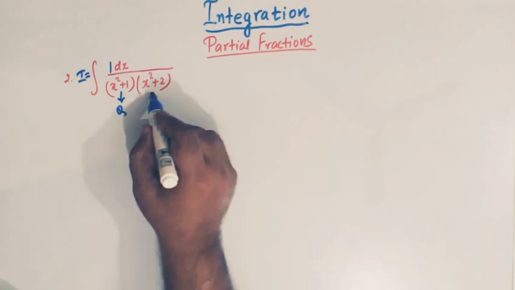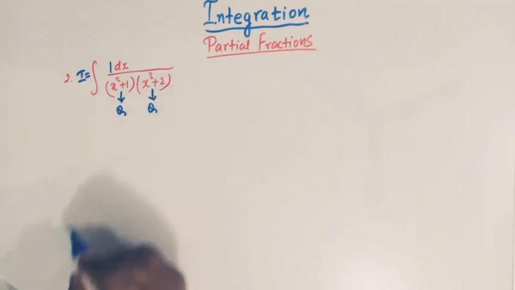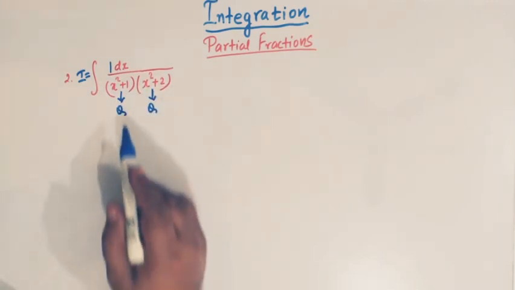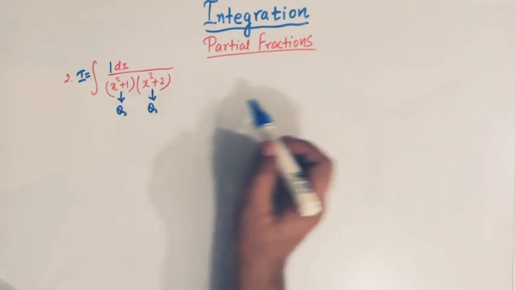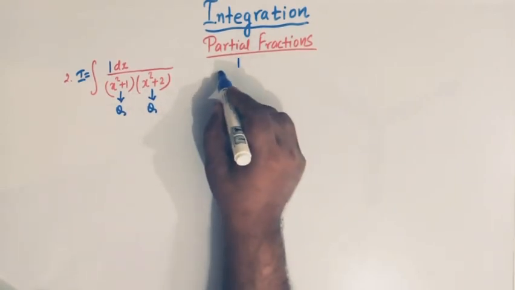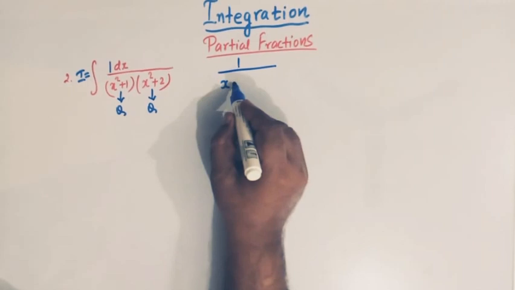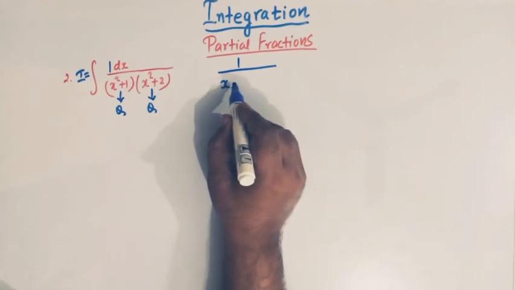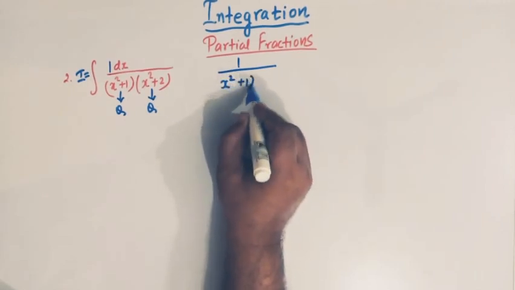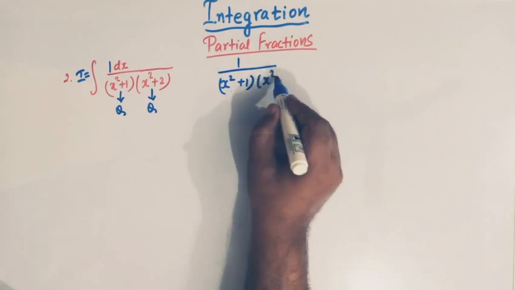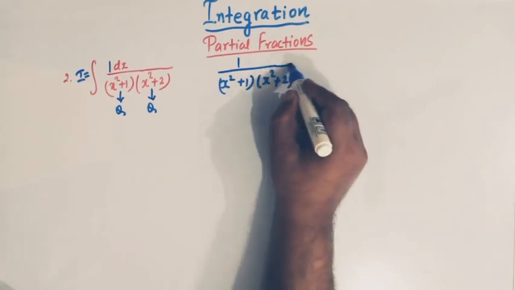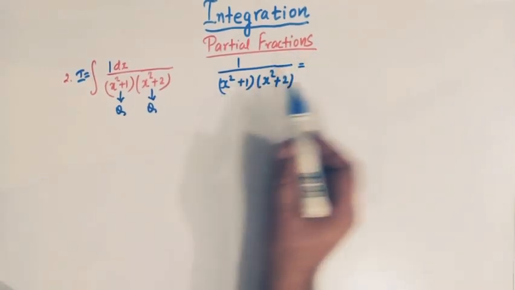Both these quadratic functions are not factorizable into real linear factors. So what we will do, we will have the partial fractions of this type.